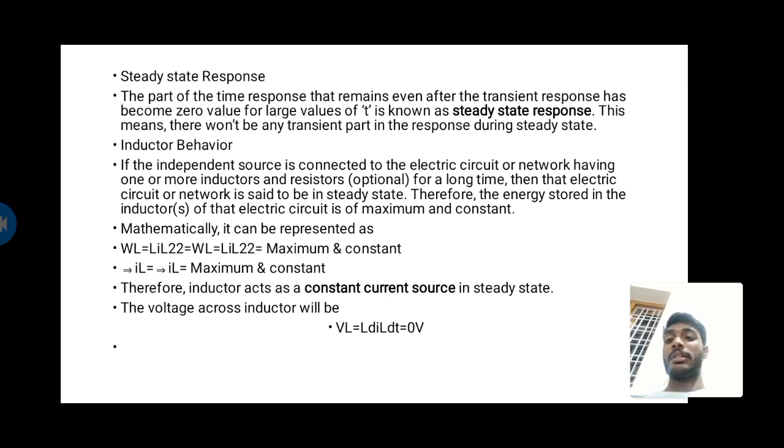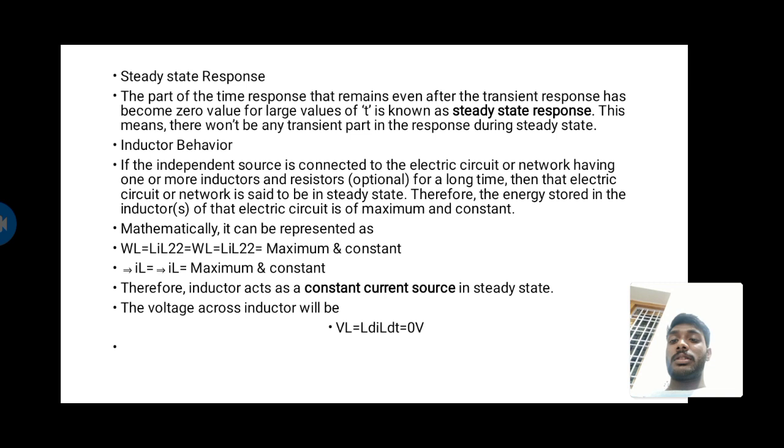Inductor behavior. If an independent source is connected to an electric circuit or network having one or more inductors and resistors optionally, for a long time, then that electric circuit or network is said to be in steady state. Therefore, the energy stored in the inductors of that circuit is maximum and constant.